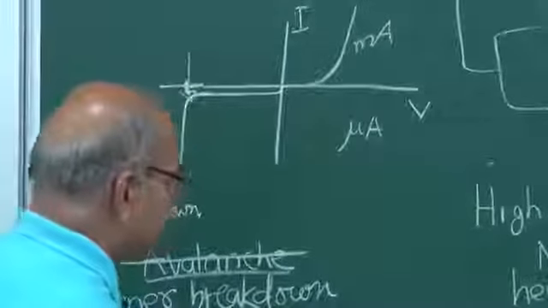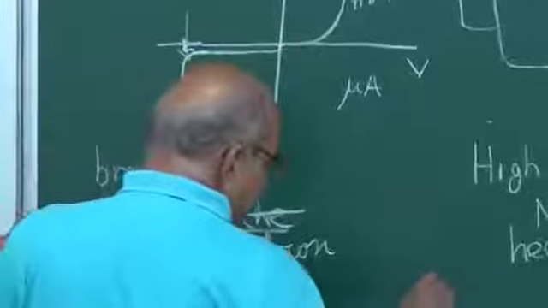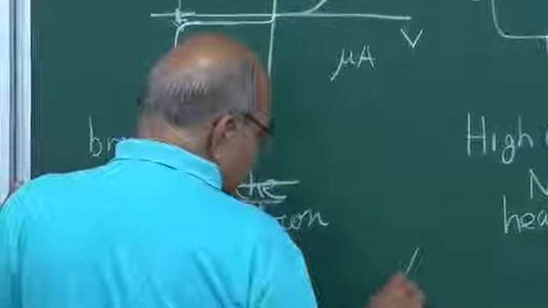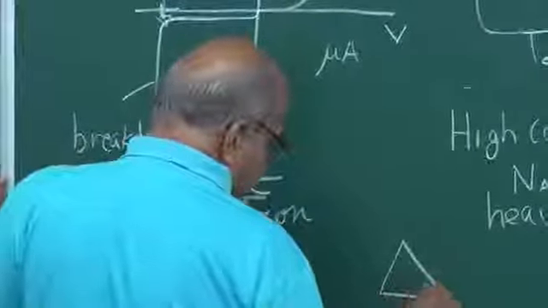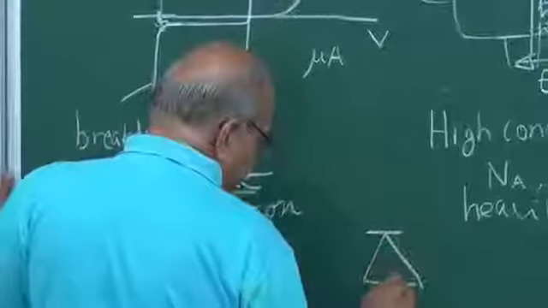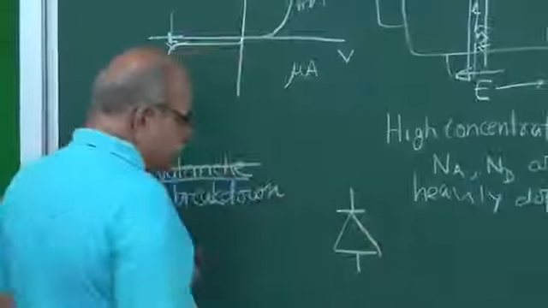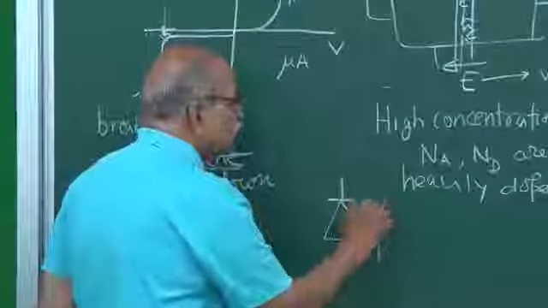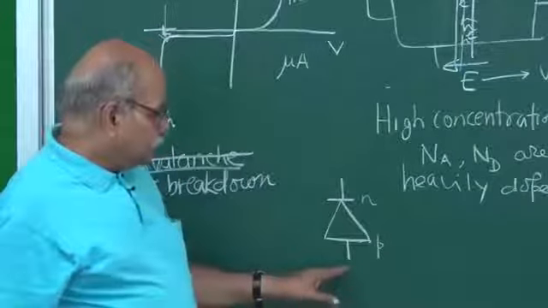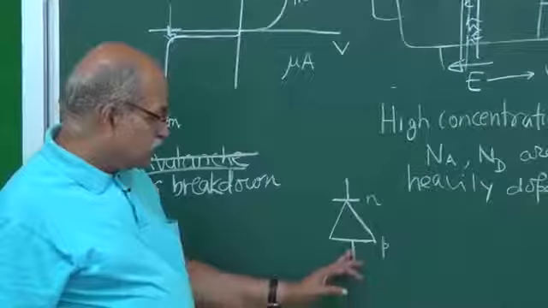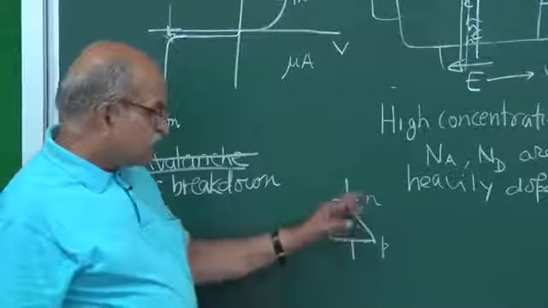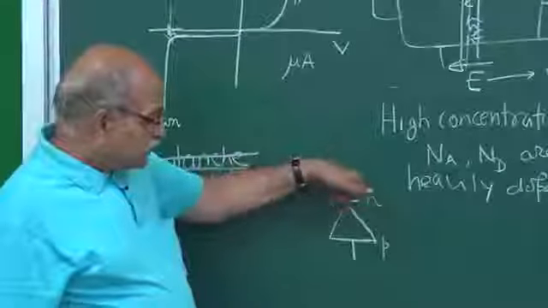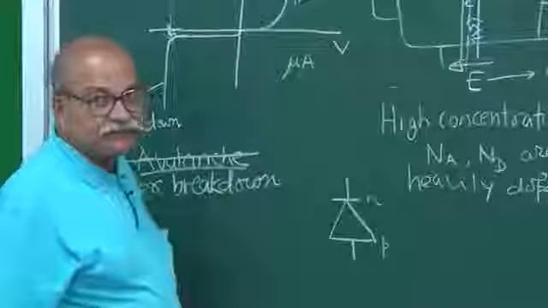There is a separate symbol for that. For our usual diode, we draw a triangle and then we put a line here. So this denotes your P side, this denotes your N side, and if the current goes in this direction, that is the forward biased current. If the current goes in this direction, that is the reverse bias current.